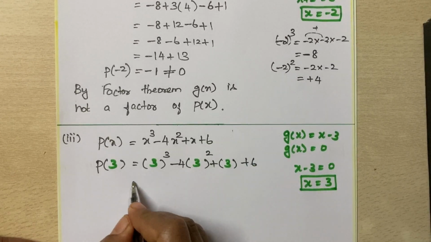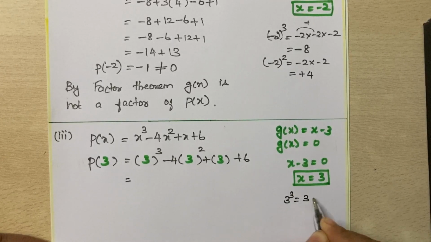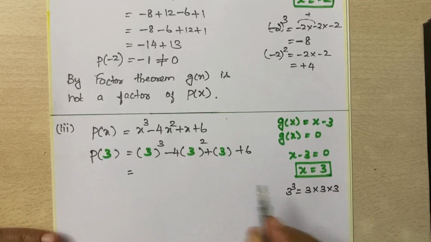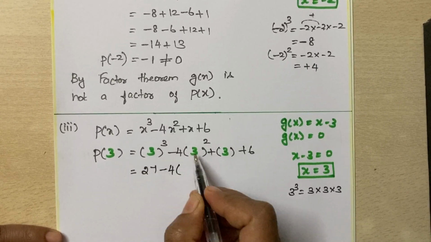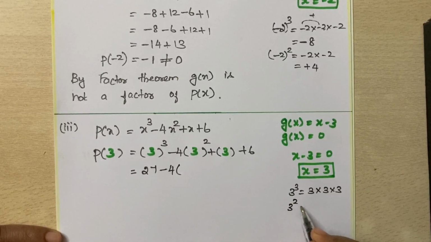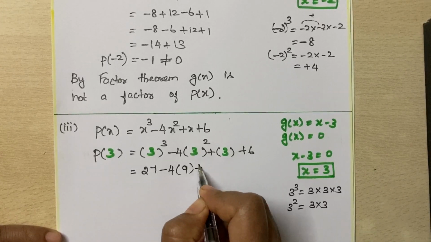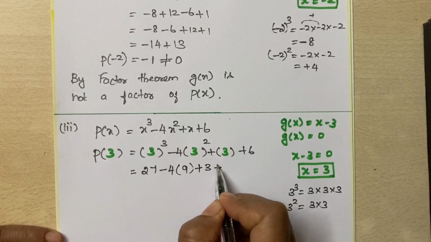Let us expand this. 3 cube is 27, that is 3 into 3 into 3. 3 3s are 9, 9 3s are 27. Minus 4 into 3 square. We know that 3 square is 3 into 3, which is 9. Plus 3, plus 6.